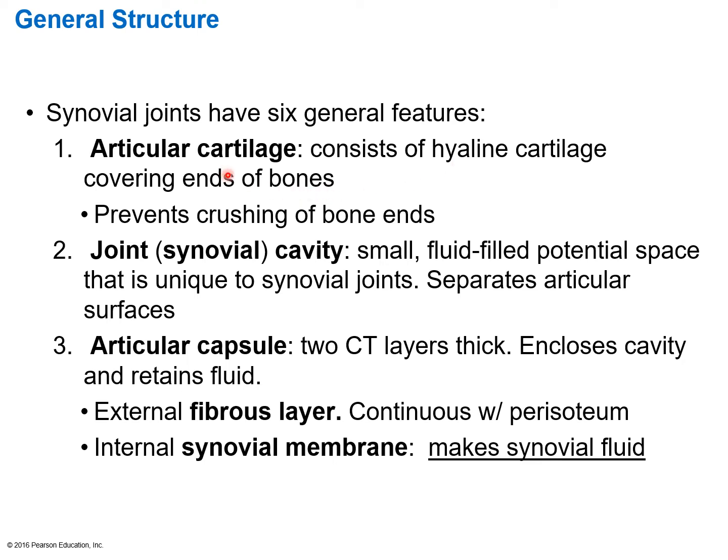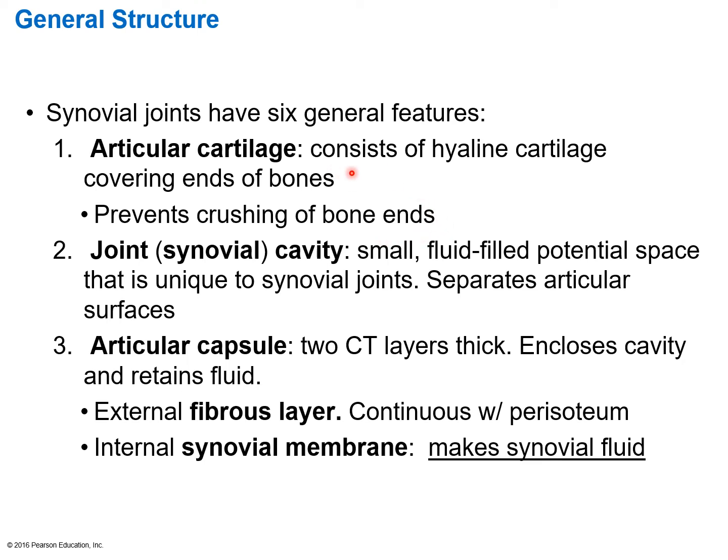And so this articular cartilage is covering the ends of the bones. And this is an important location because this helps keep the ends of the bones smooth, so that movement between the two bones that are joining together is smooth. This prevents crushing of the ends of the bones when we're moving.